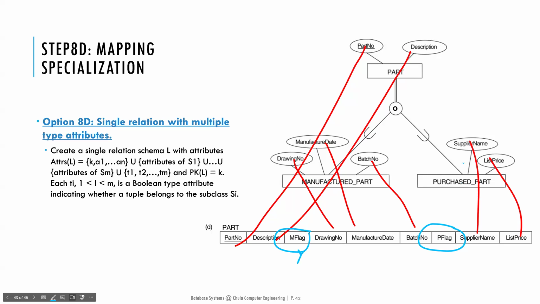If this part is a purchased part, the P flag would be yes. So if that happened, it means you can have the information for drawing number and manufacture date. But now if the M flag is no, but the P flag is yes, then this would be null, this would be null. If yes, then you have value in here.